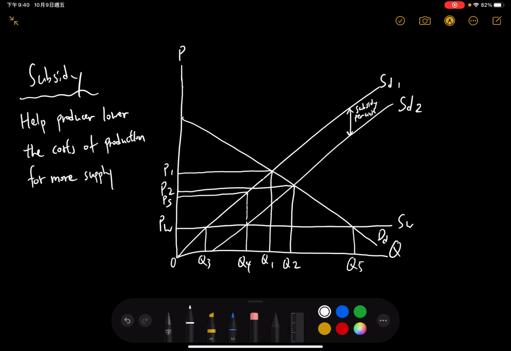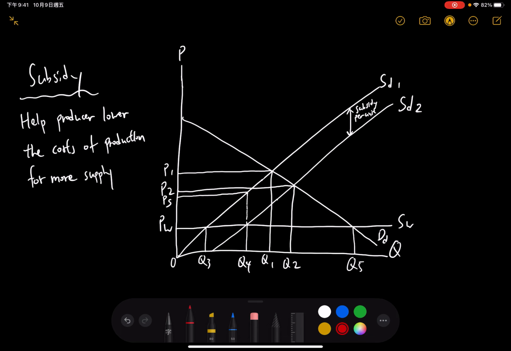Because the local consumers are consuming at PW, when we try to find out how much benefit they get, we want to draw the area of consumer surplus. The consumer surplus is exactly the same as when you have free trade, because you are trading at PW.